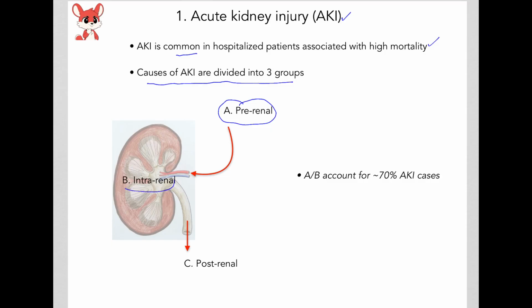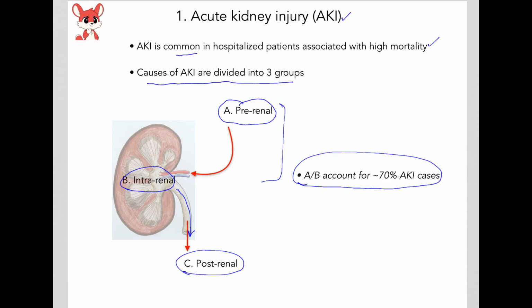The second is renal, that means the condition is due to the kidneys itself. And the third is post-renal, so it's a condition that's happening because of something after the kidneys. Now, the pre-renal and intrarenal groups account for almost 70% of all acute kidney injury cases.